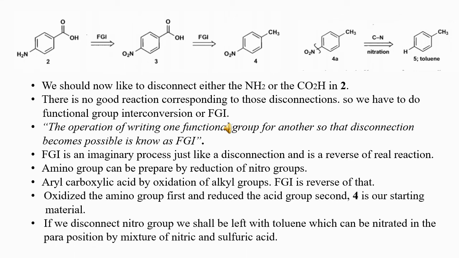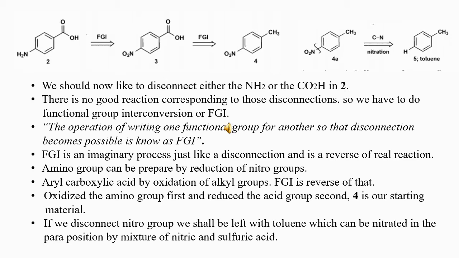And now we will have to see how we can get that compound 2. How can we proceed with further disconnections to get compound 2 from simple raw materials or simple commercially available chemicals?